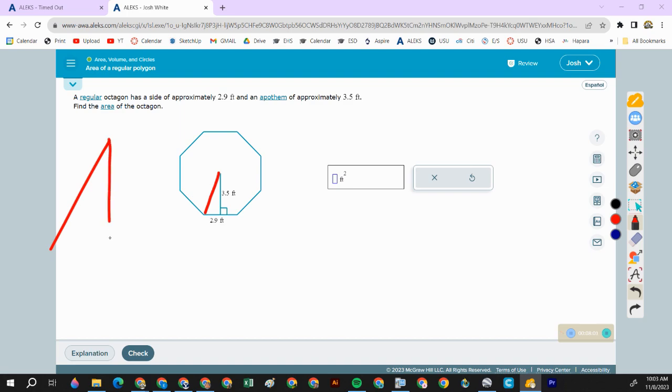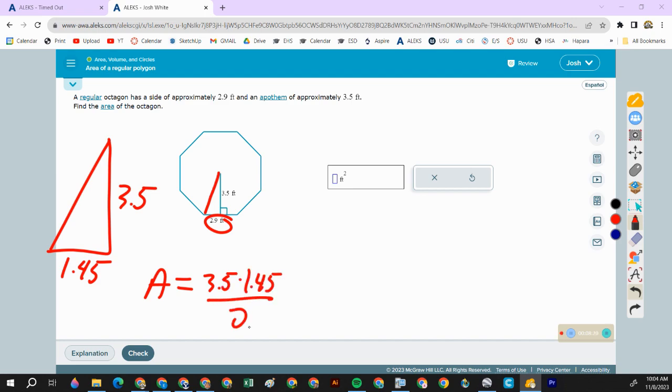So this triangle here is 3.5 and 1.45 because I cut this in half. Right? So the area of this is 3.5 times 1.45 divided by 2.